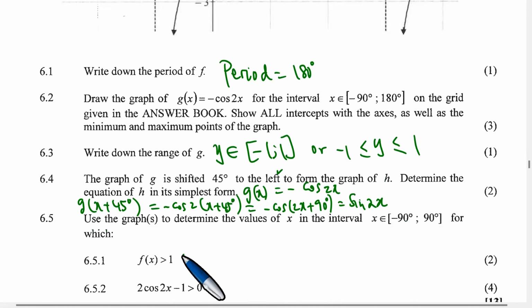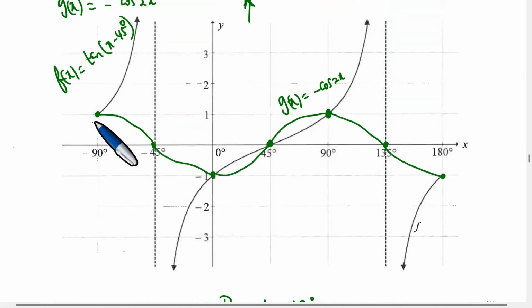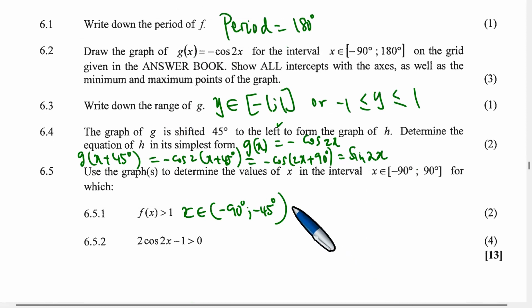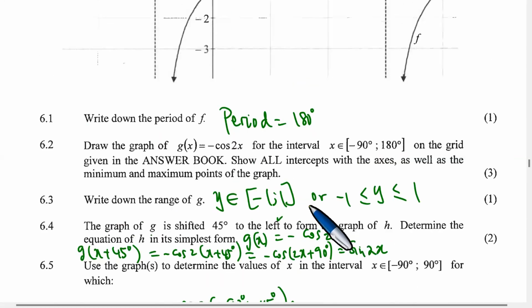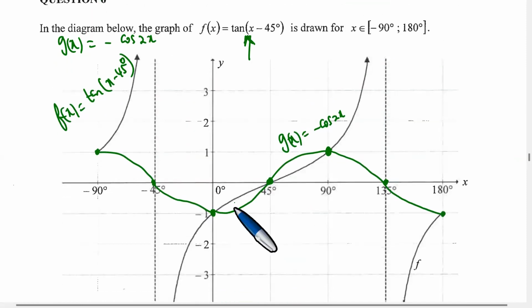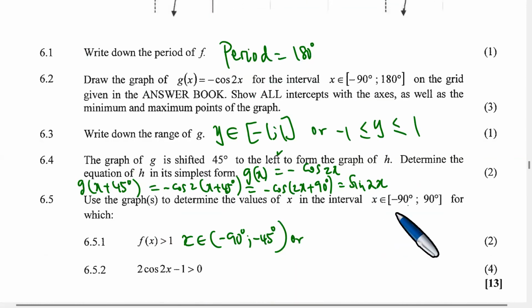So when x is an element of the interval from -90 degrees to -45 degrees, the function is going up. But obviously we are confining ourselves between -90 and 90.